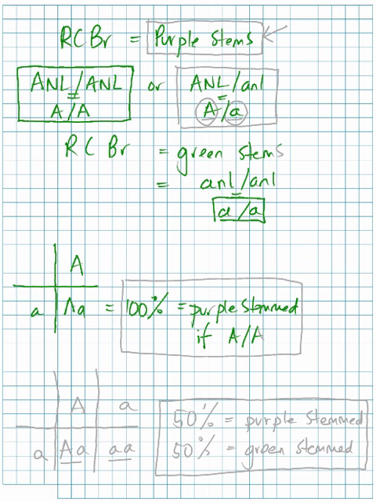Okay, so now let's see what would happen if we make the assumption that our original purple stemmed rapidly cycling brassica wrapper is big A little a. So in that case, we've now got the situation where the gametes could either be big A or little a. So let's do the Punnett square for that one now.